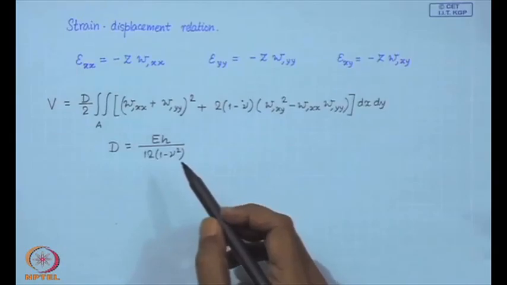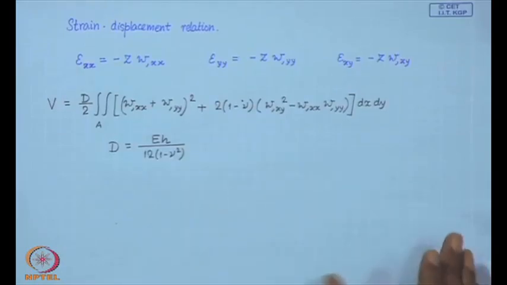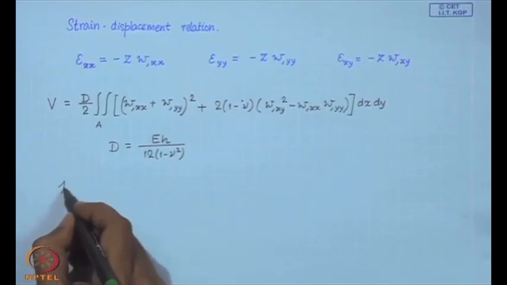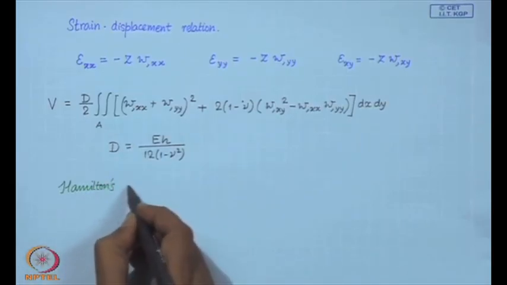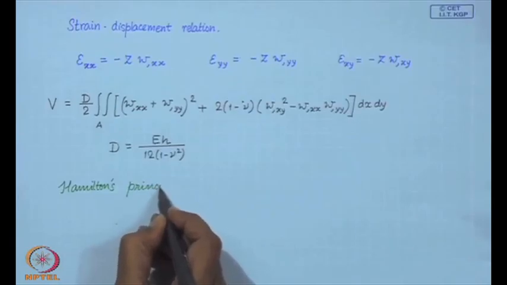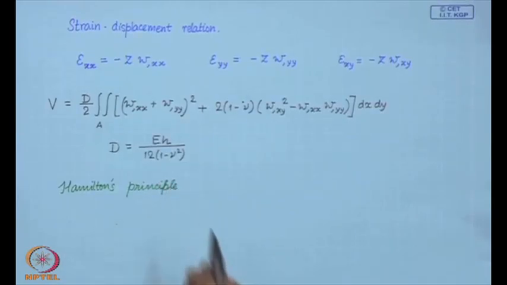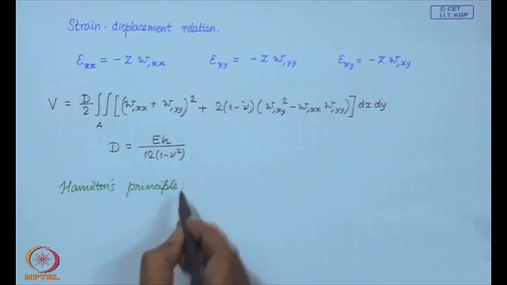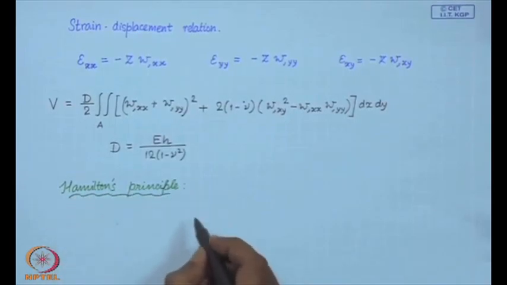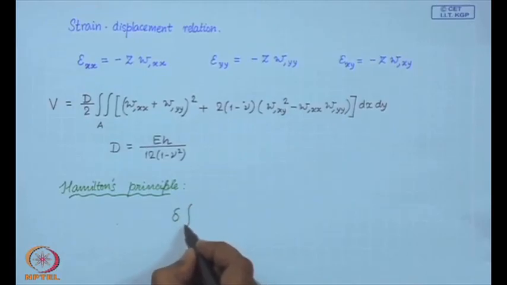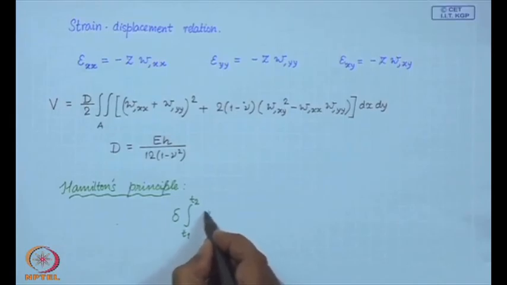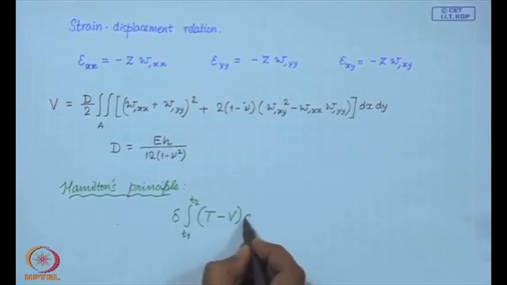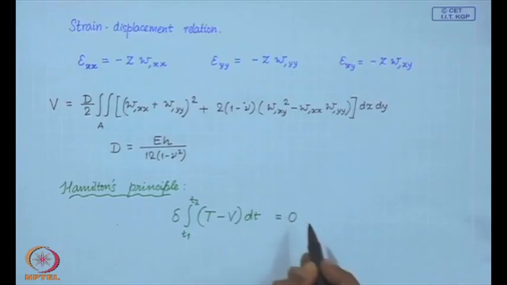With the obtained expressions of kinetic and potential energy, we can now use Hamilton's principle to derive the equation of motion. Hamilton's principle says that this variation must vanish.